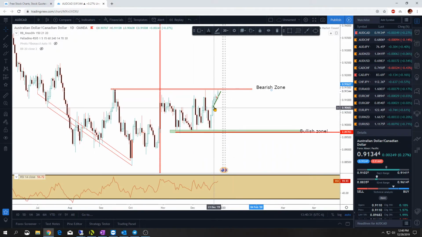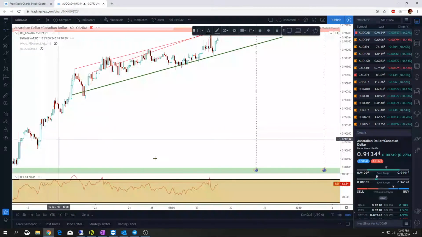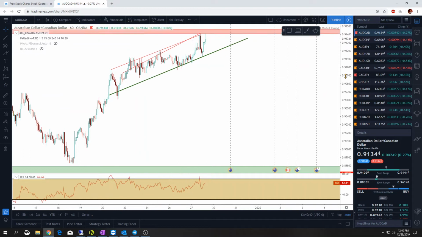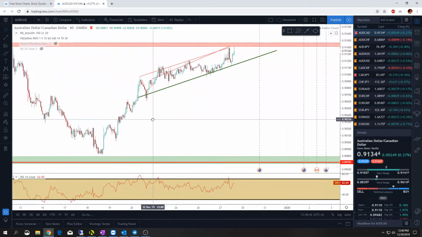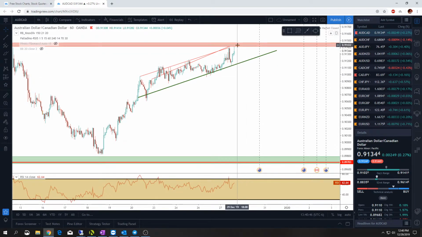What I got here, this little green line, is if I jump down to a smaller time frame, just to give you a look, we have divergence posting, and a safer bet would be a break of this trend line, or taking a trade from this bearish area.